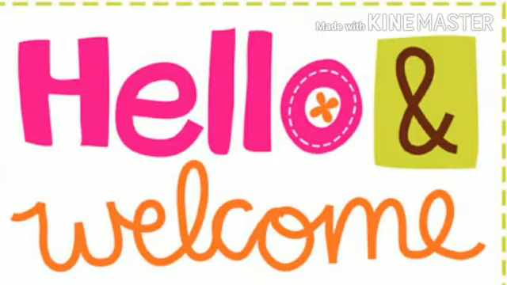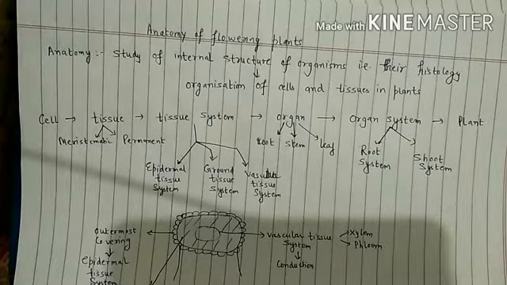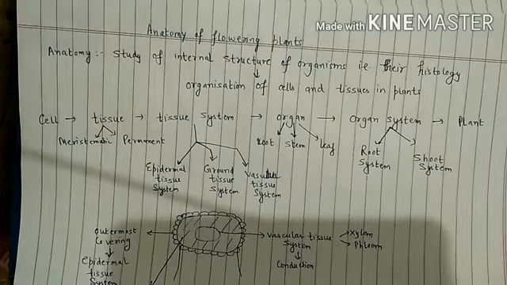Dear students, now we are going to start a new chapter, that is anatomy of flowering plants. So, first of all, I would like to discuss which topics are there according to the reduced ISC syllabus. You have to do the internal structure of root, stem and leaf. In that, you have to do the cellular diagrams of TS of root and stem and VS of monocot and dicot leaves.